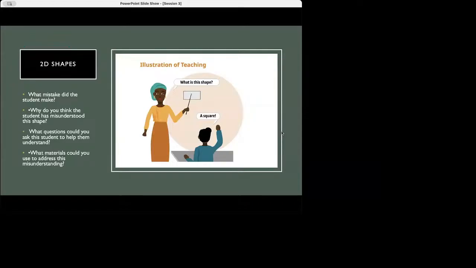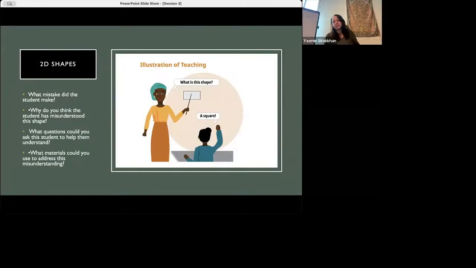What I could do to help the student is maybe ask the student what they notice about the different shapes and the sizes of the shape between a square and a rectangle, and maybe also compare the lengths that they have. Okay, great. Thank you, Walter.